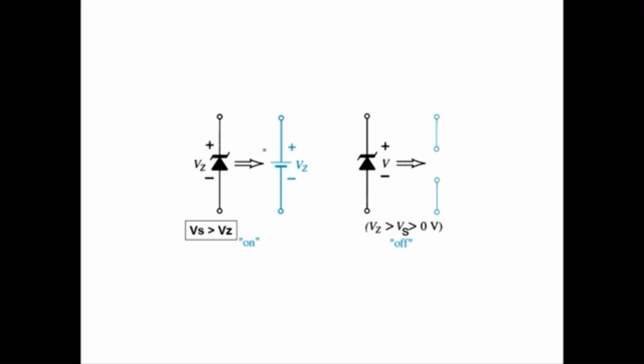This slide shows the equivalent model for the Zener diode. Here again, the Zener diode operates at reverse bias. The operation of the Zener diode we divide into two states, off state and on state.